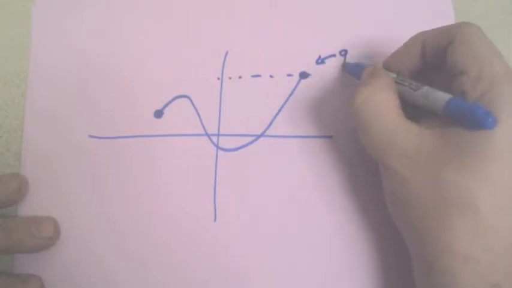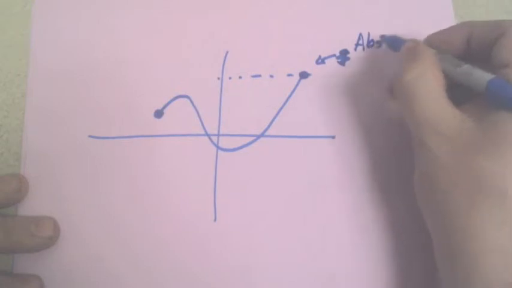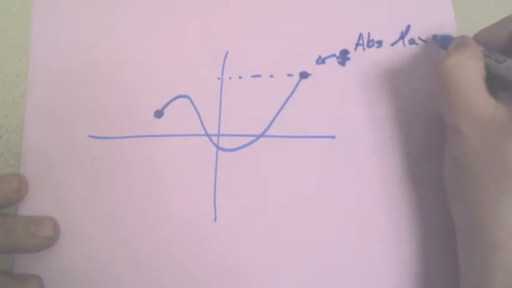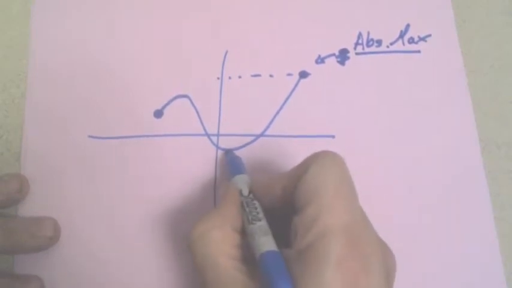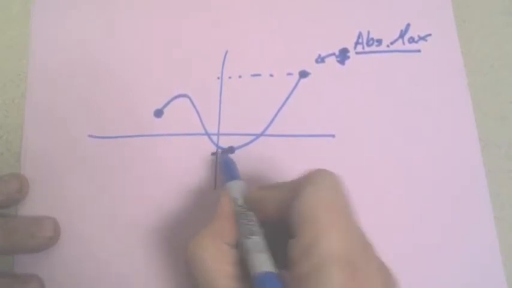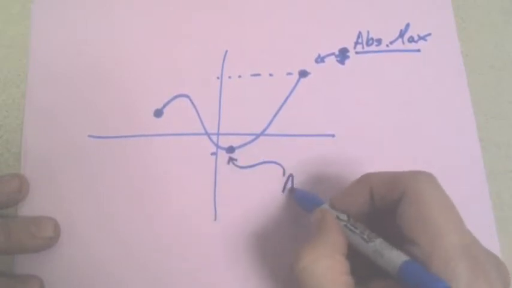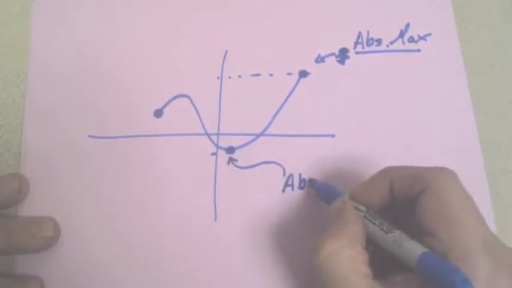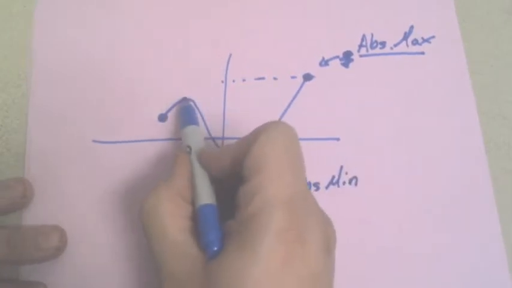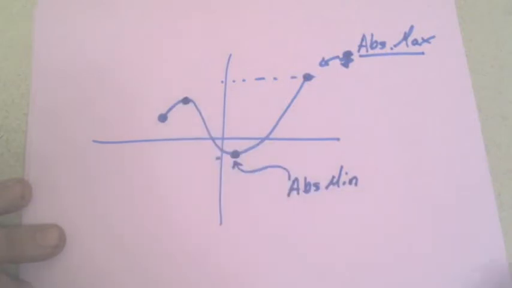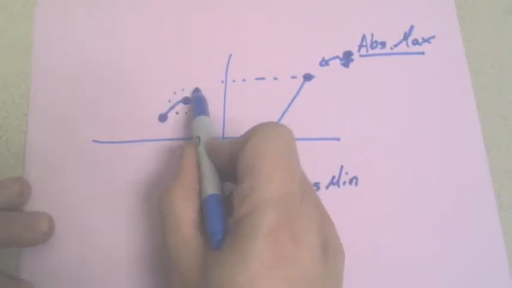So that is a global, I always like absolute, that is an absolute max. This is the lowest y value that we ever see. So that is an absolute minimum. This is not the highest value everywhere, but it is the highest value in a little neighborhood around it.